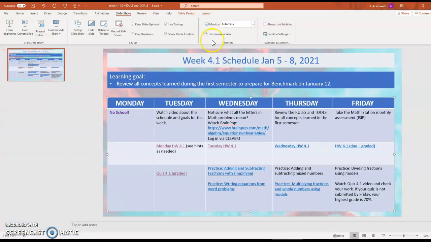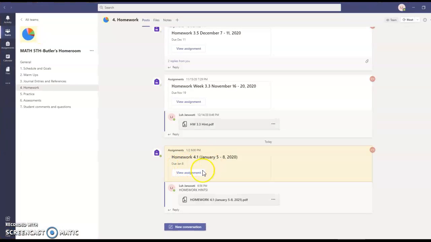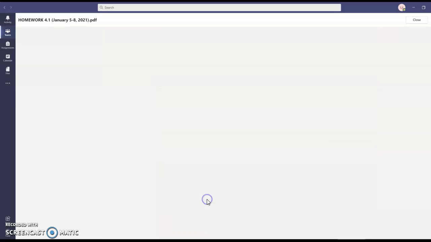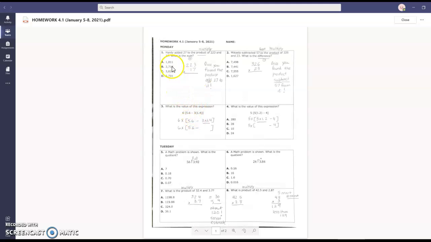But if you have it on this view, you need to press Control and click, and it will take you to the page. Sometimes you will have to open Teams, but I have mine already open, so it just takes me right to the page. And if you have problems working on the homework, I already gave a little hints here on how to do them.